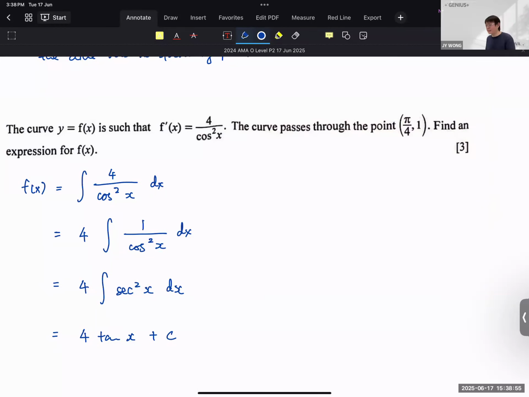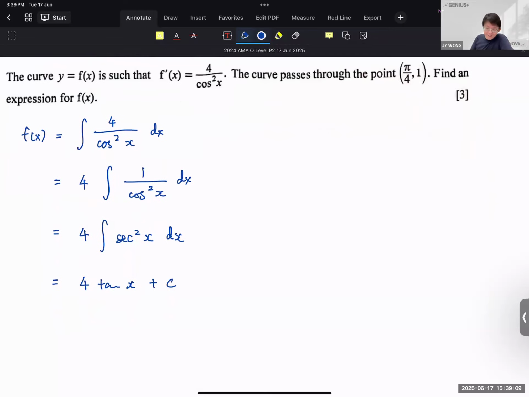It's complicated. Just remember that your inverse functions and your 1 over function for trigo are not the same thing, even though for arithmetic it's the same thing. Okay? So you'll get 4 tangent x plus c.